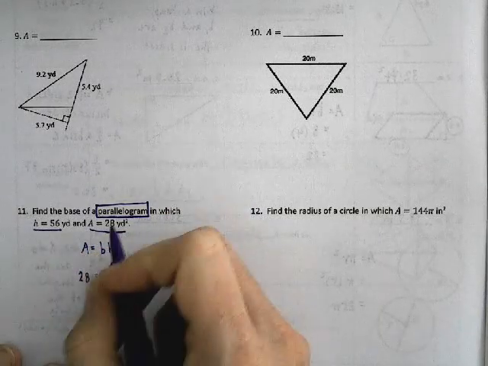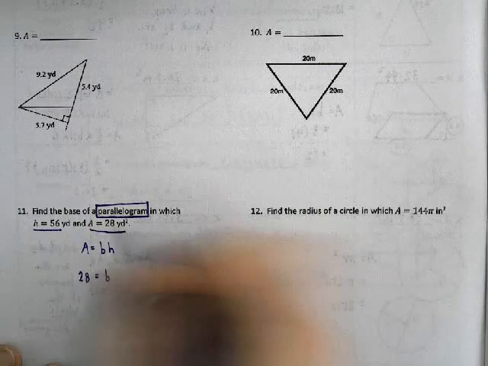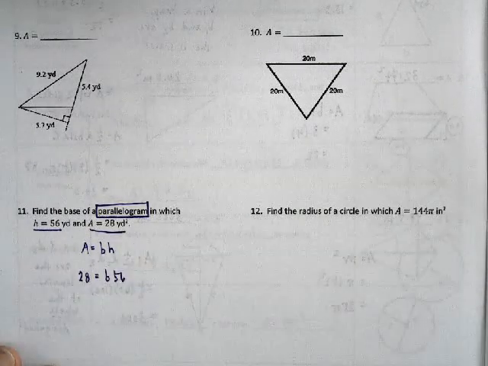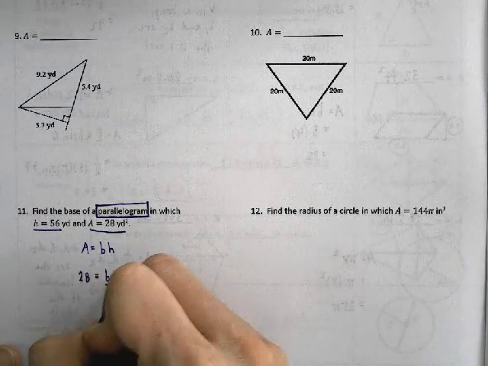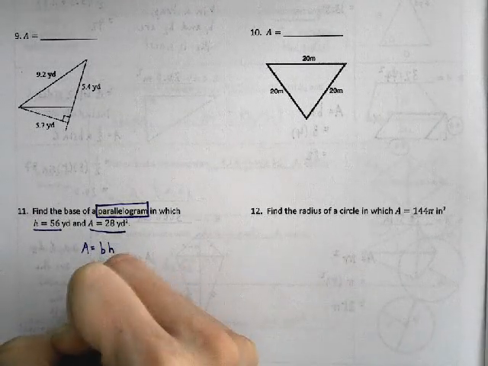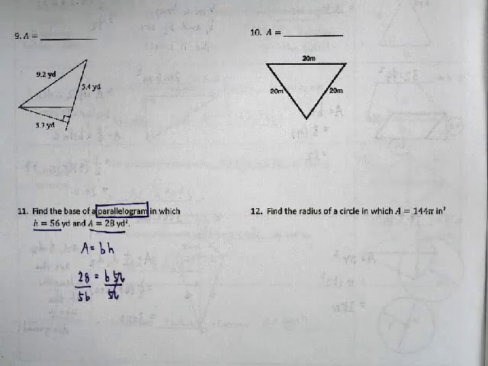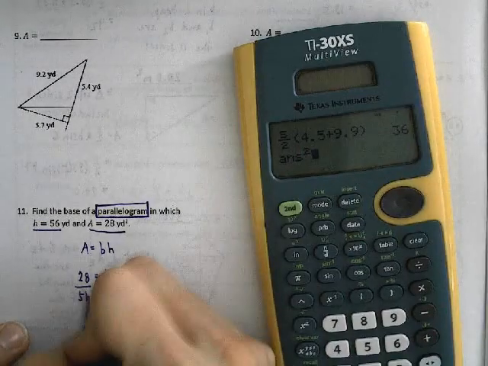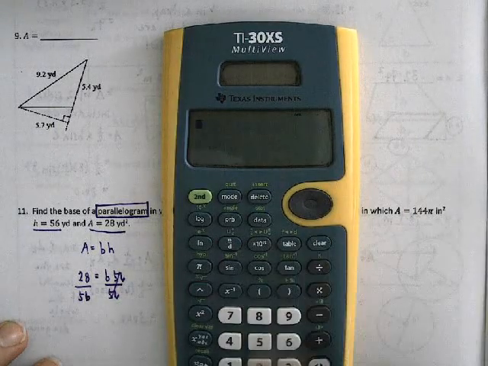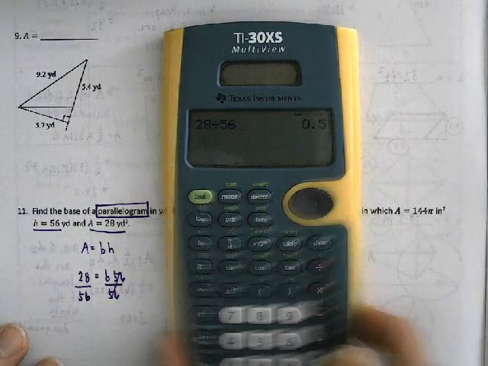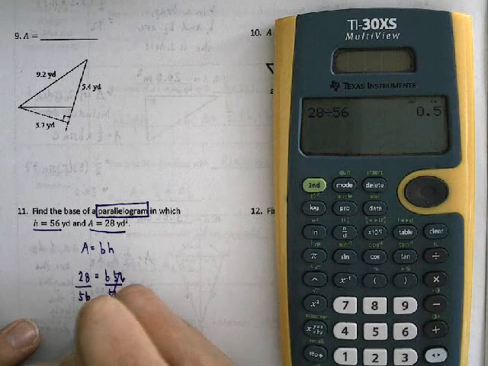So I have 28 equals, I don't know what B is, and I know my H is 56. So now I'm going to divide both sides by 56 so I can get B by itself. And if I do that, whoops, I wrote 5B by 56. So I'm going to do 28 divided by 56, and I get 0.5 for the base.